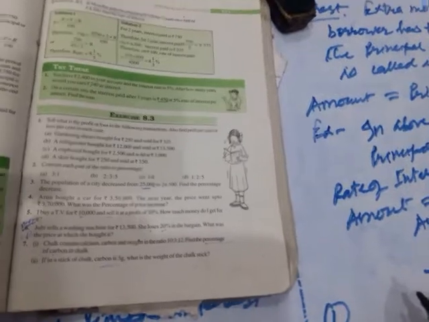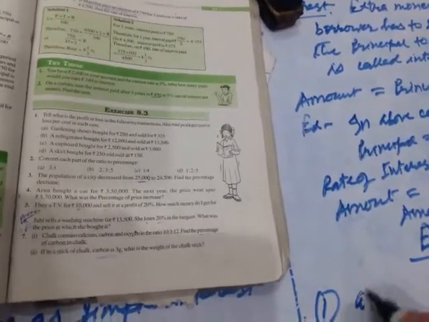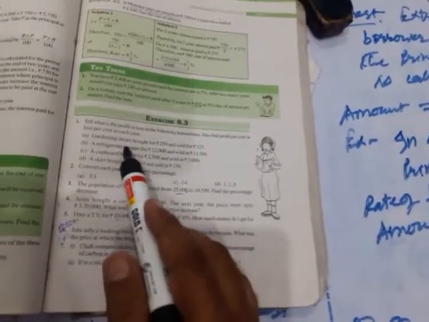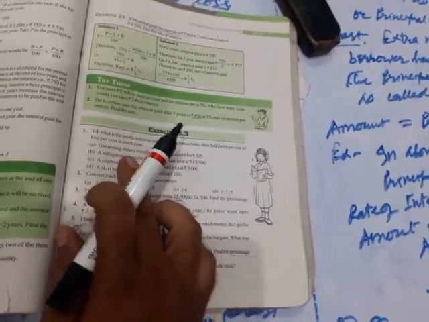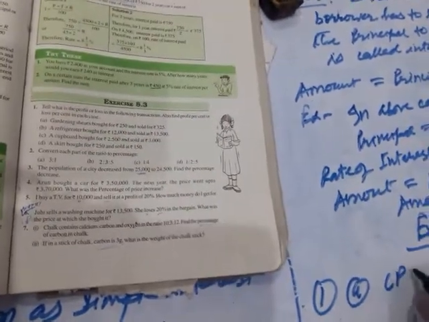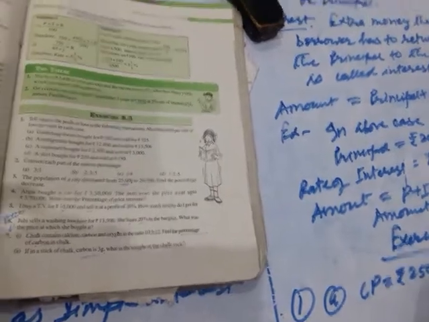Also find profit percent or loss percent in each case. The first one is A. Gardening shears, a gardening tool, bought for rupees, here CP equal to rupees 250.